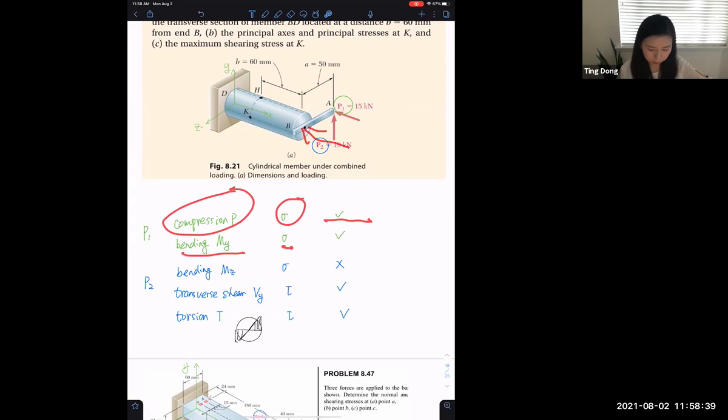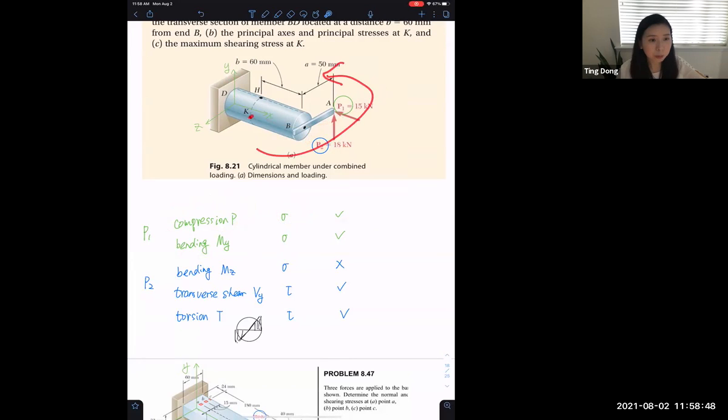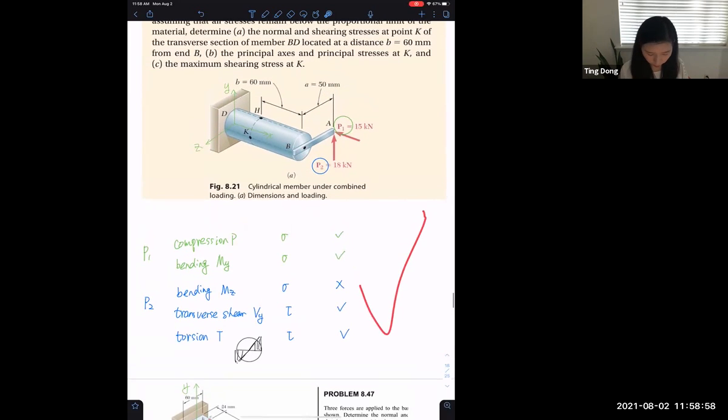Bending moment, now when we bend about the y-axis, bend in this way, this becomes the top surface, right? So it has maximum positive normal stress. So now if we're clear about all this part, we know that we have two components of normal stress and two components of shear stress.